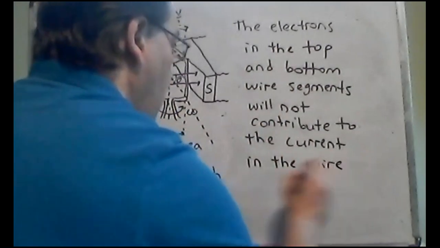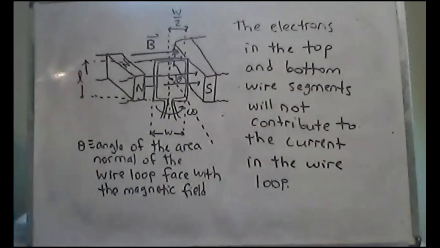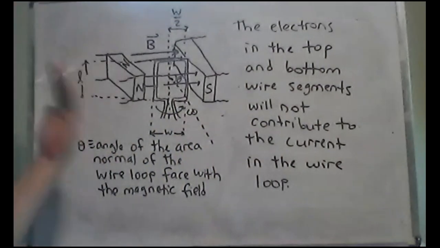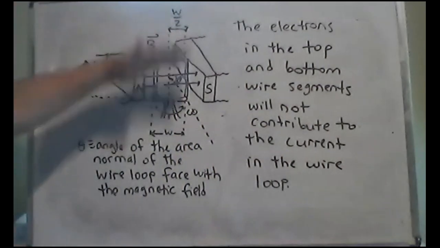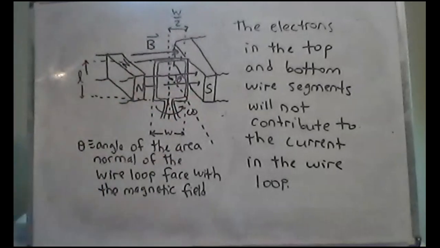We only have to really worry about the side wires, the side segments, the vertical segments, all right? So again, from the same argument, like I said with the motor, I don't have to really worry about what's going on in the top and bottom portions of this wire. Only the side portions of the wire matter.